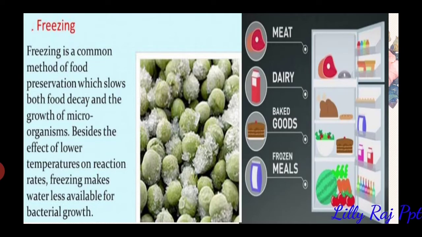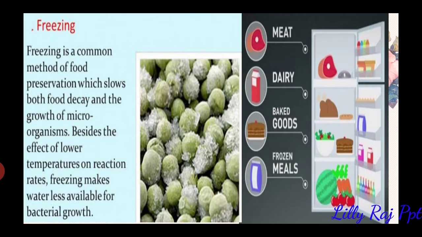Freezing is a common method of food preservation which slows both food decay and the growth of microorganisms. Decay means the food rots and spoils. Besides the effect of lower temperature on reaction rates, freezing makes water less available for bacterial growth.